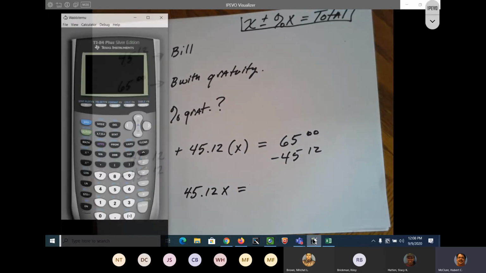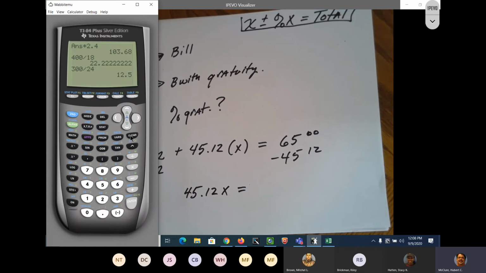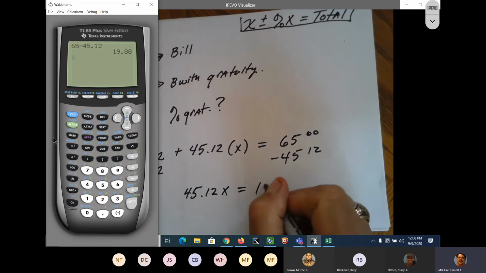Let's use the calculator. I can't do it in my head that quick. 65 minus 45.12 is 19.88, yeah, 19.88.